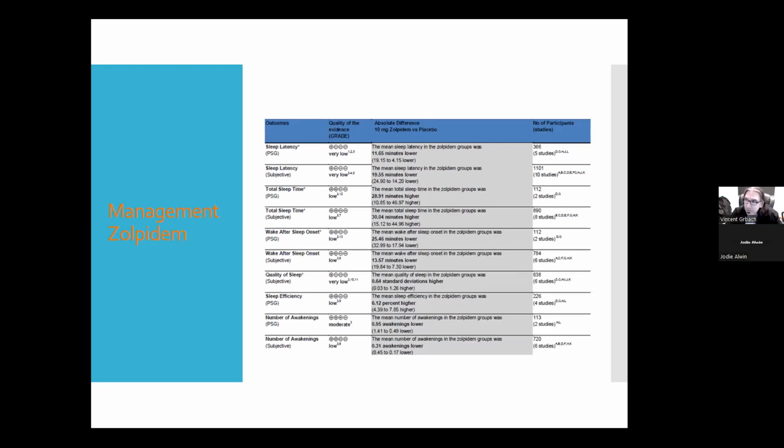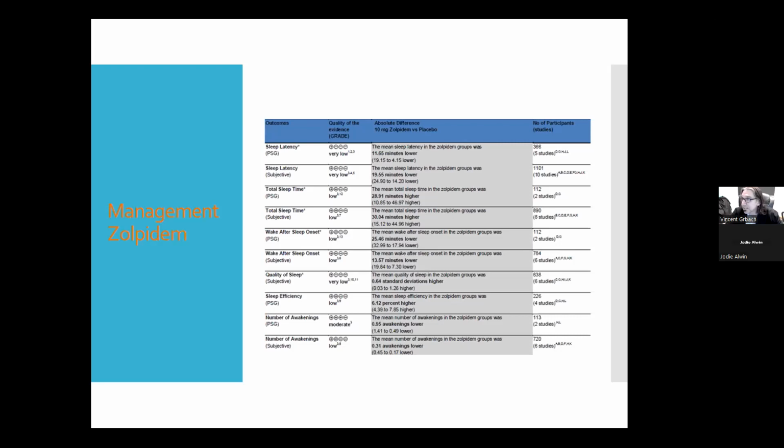If you squint, you can see that all of the evidence in the second column is either low or very low, except for one study, which was moderate. On the right-hand side, it tells you how many test subjects there were and how many studies. A lot of them are pretty small. And both the objective and the subjective improvements in sleep are pretty meager when you really look at them.